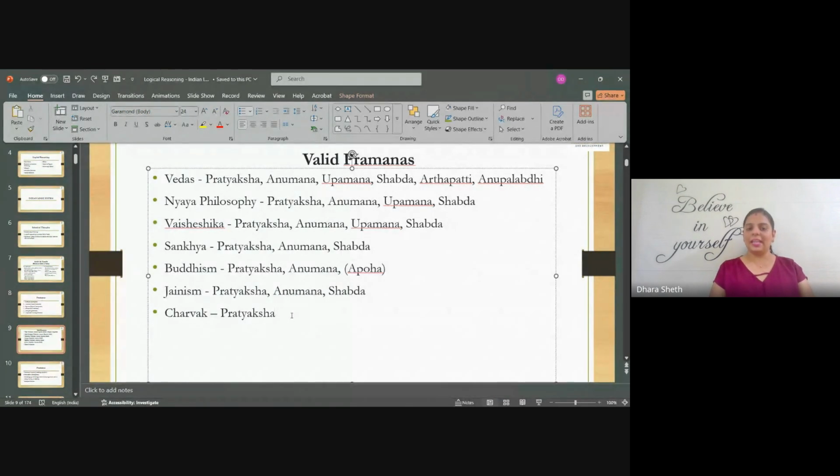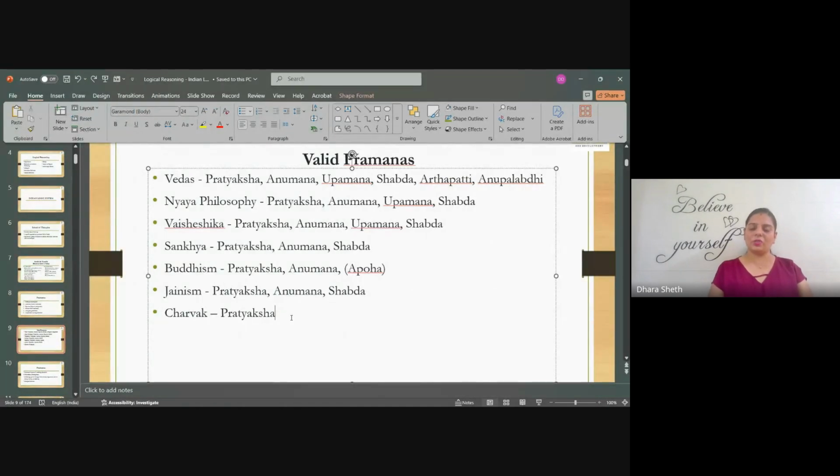Charvak believes only in pratyaksh. So pratyaksh, something that is felt using our 5 senses, is accepted by all schools of philosophy. The only school of philosophy that does not accept anuman is Charvak. It does not accept inference drawn using prior knowledge as a valid way to learn something.